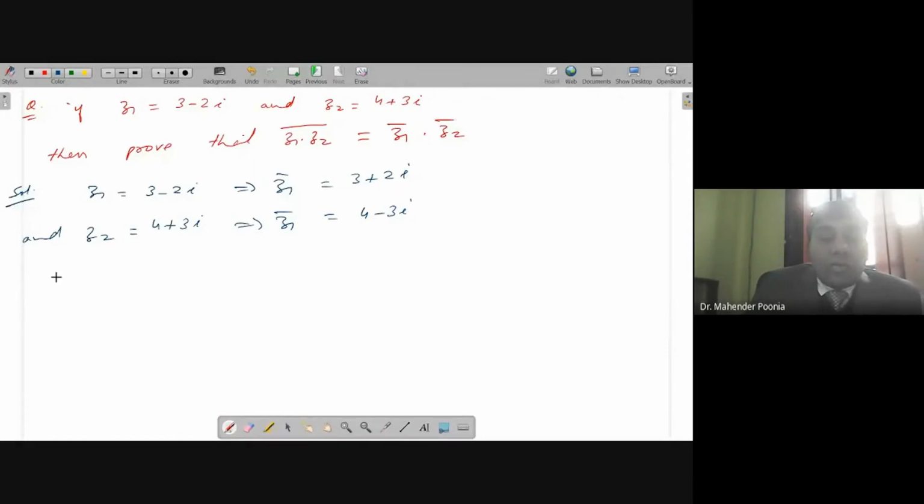Now, we need to find the product of Z1 and Z2. So Z1 into Z2 is equal to 3 minus 2 iota into 4 plus 3 iota.